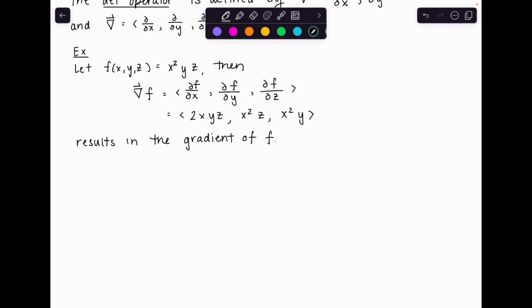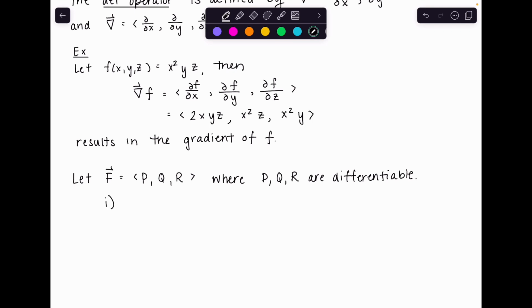So in general, if I have a vector field F which has components p, q, and r, and again, if you're missing r, then just put a 0 here, where these functions p, q, and r are differentiable, then we have two definitions.